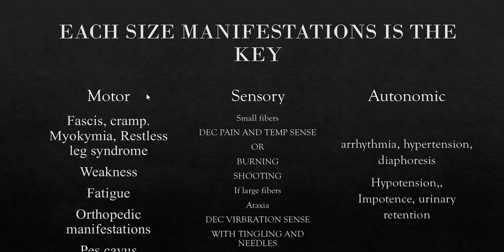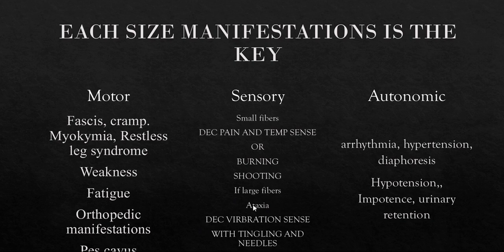If it is a large fiber polyneuropathy, the patient will come with motor symptoms: fatigue, cramps, myokymic discharges, weakness, and orthopedic manifestations including pes cavus, and large sensory fiber manifestations, including loss of joint sensation or ataxia.